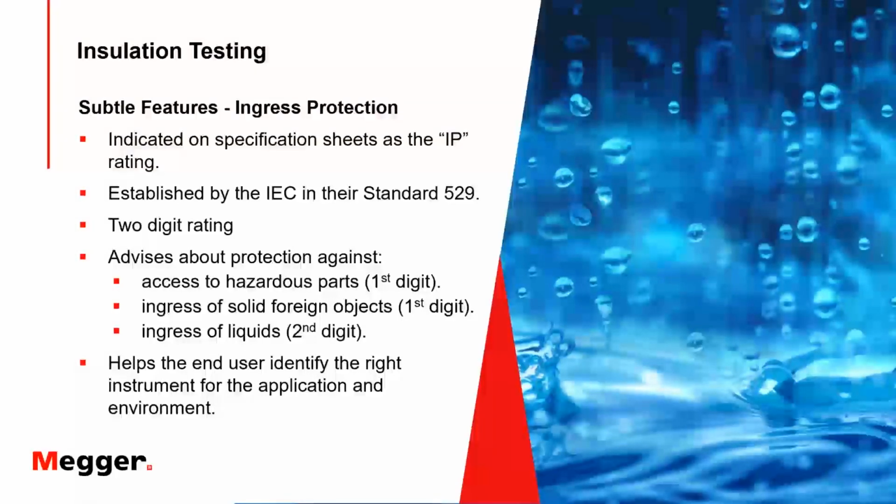IP rating should be available on the spec sheet. This refers to how well your instrument casework can stand up to the environment. So your IP rating is something like 5.4. The first number indicates protection against dust, and if you're working in a mine, forget about it.